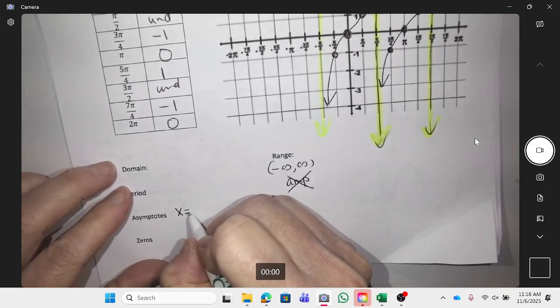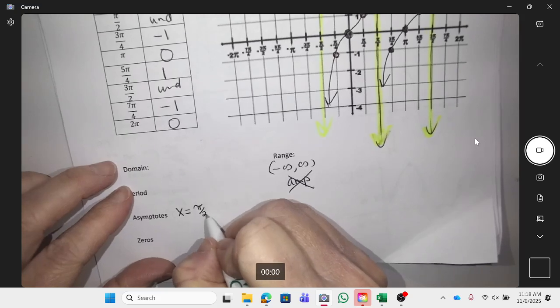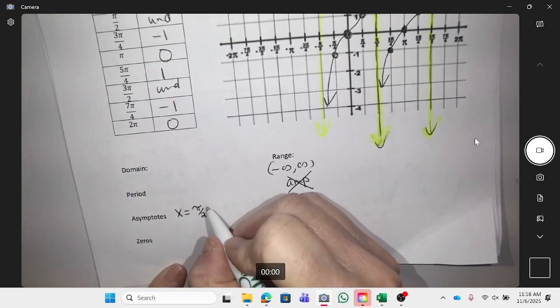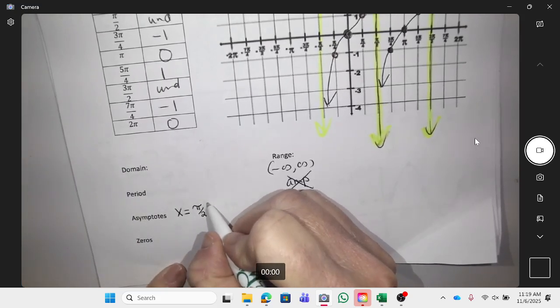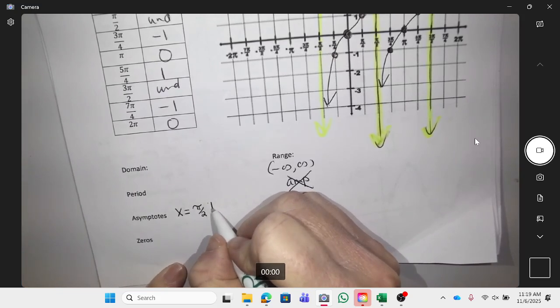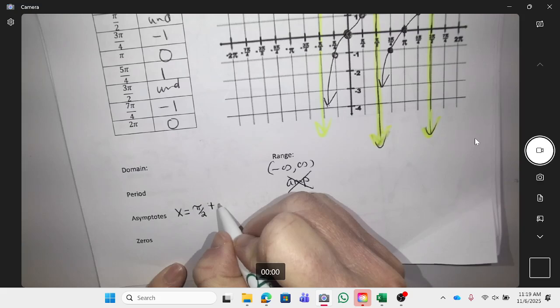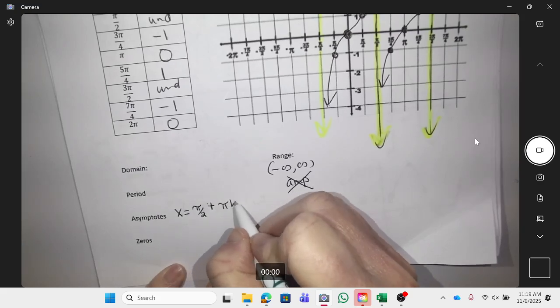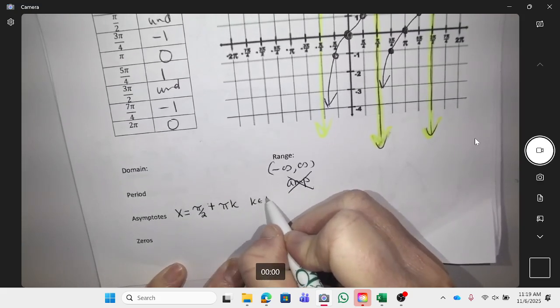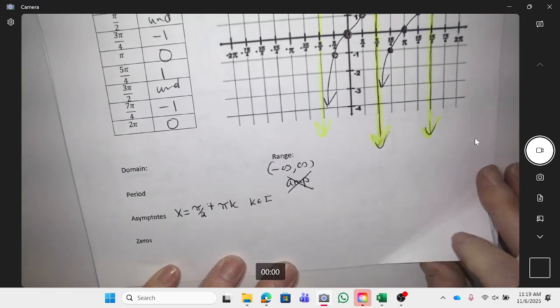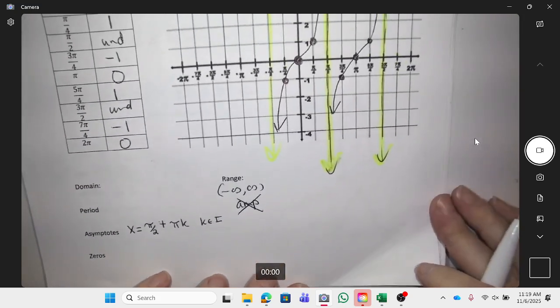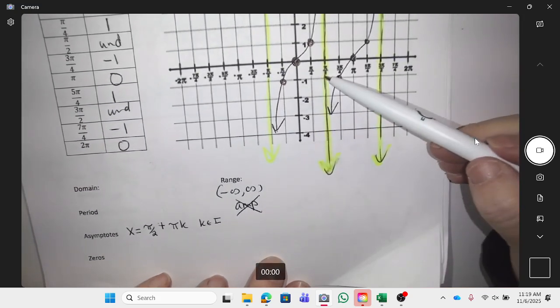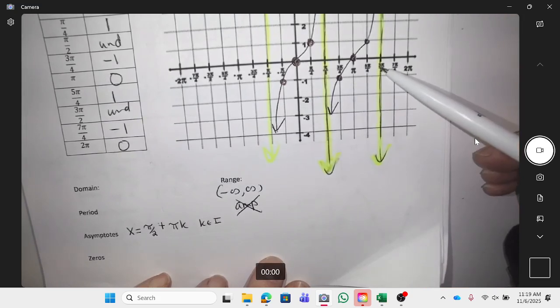X equals pi over 2 plus pi k, K-E-I. So what did I say there? I had one at pi over 2, and then if I move pi, I'm at another one.